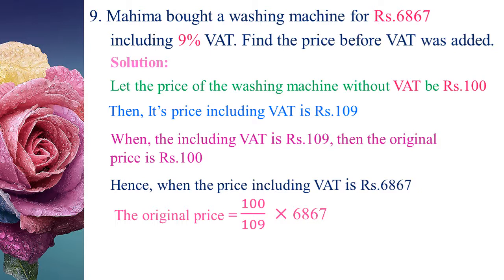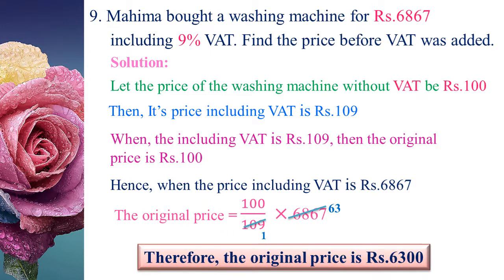Here we can divide 109 and 6,867 by 109. 109 is 109. 63 109s are 6,867. So 63 into 100, 6,300. Therefore, the original price is rupees 6,300.